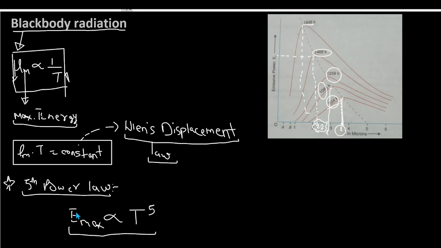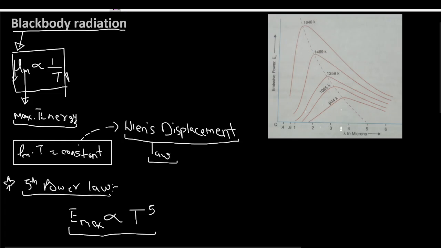And the meaning of this is that, let's say, first of all, let's clear this particular thing. Okay, so let's study this. Wien developed this law from his displacement law using the radiation law. And the E max here, first of all, is not the same as the energy emitted. But the meaning is that, suppose there is a temperature of 904 Kelvin.